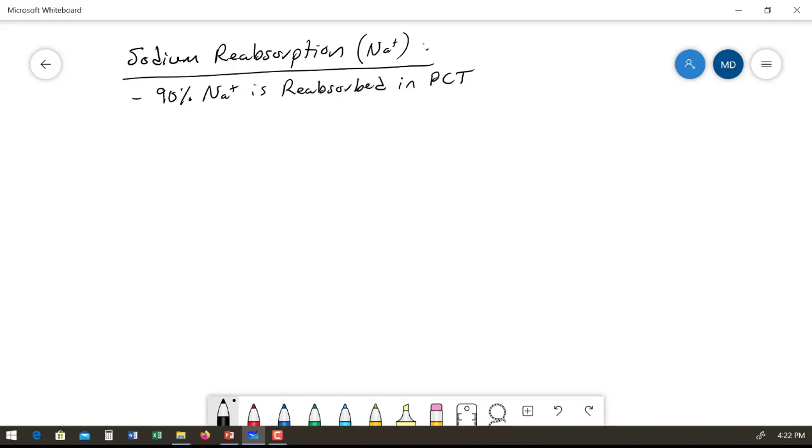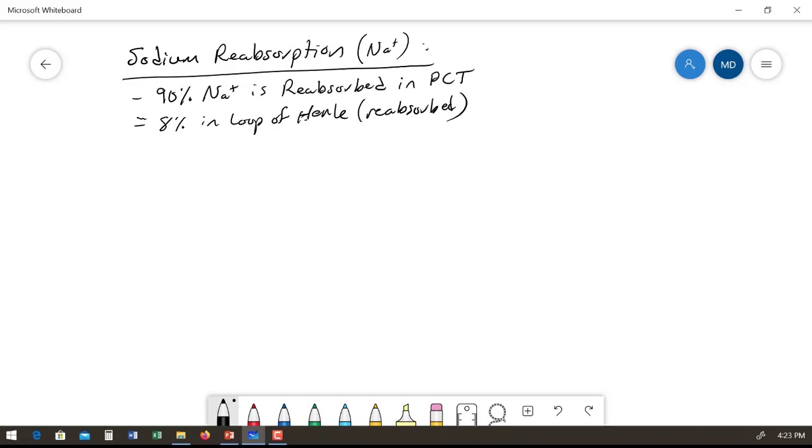All right. Now, approximately 8% is reabsorbed in the loop of Henle, and again, this is reabsorption, right?